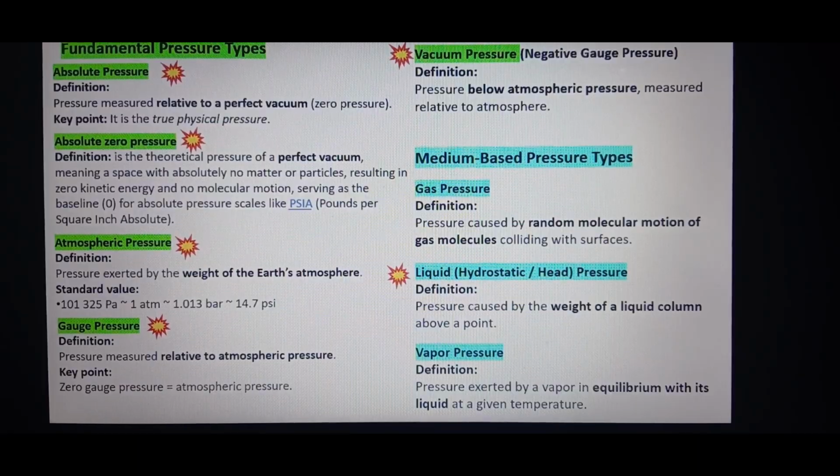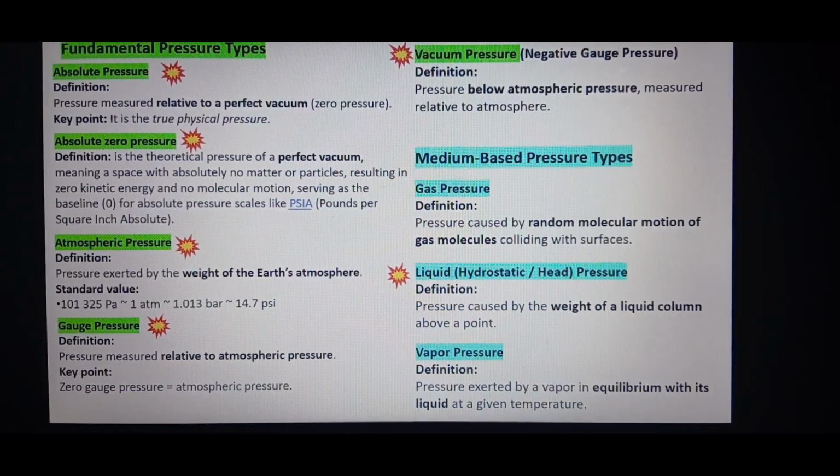The definition is the theoretical pressure of a perfect vacuum, meaning a space with absolutely no matter or particles, resulting in zero kinetic energy and no molecular motion, serving as the baseline zero for absolute pressure scales like psia, pounds per square inch absolute.